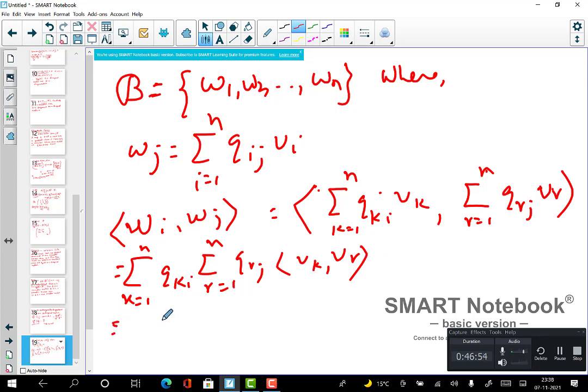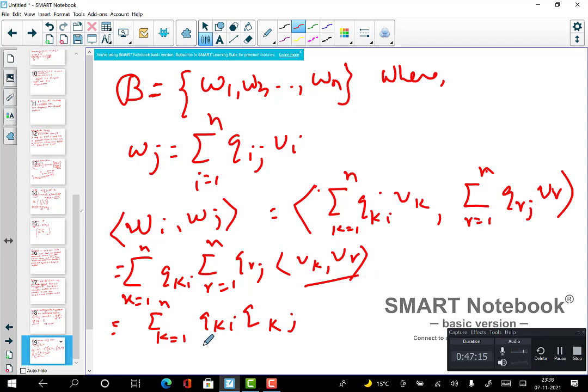So when r equal to k, this is summation k equal to 1 to n of q ki times q kj, this is 1, right? When r equal to k. So q ki q kj, what does that mean?